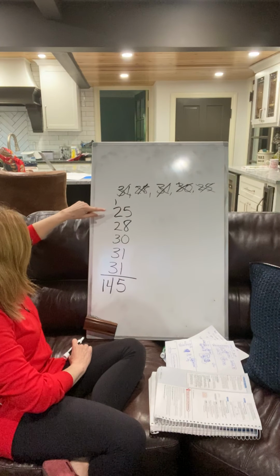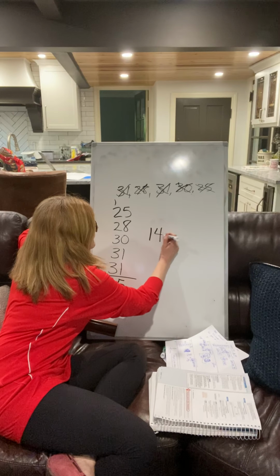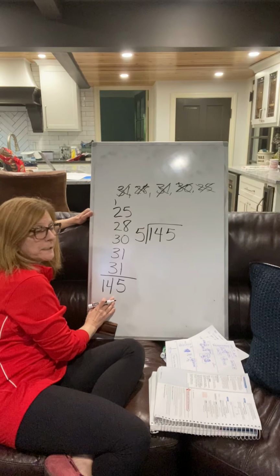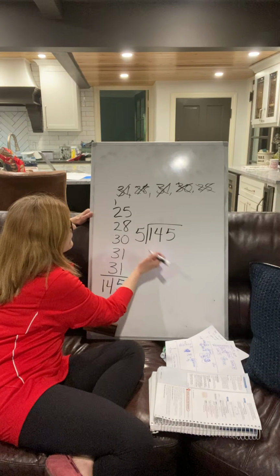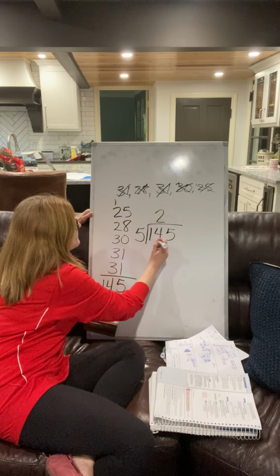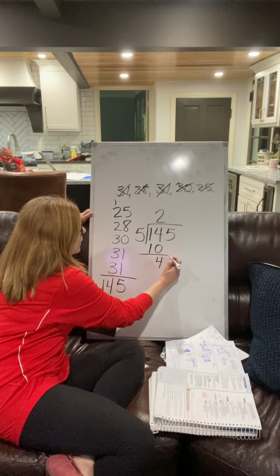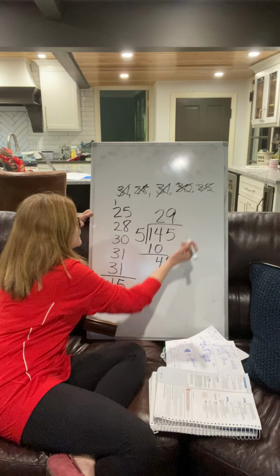How many numbers do I have? 1, 2, 3, 4, 5. So I'm going to divide 145, that's my total points, by the 5 numbers. 14 divided by 5 will go in 2 times. Leaves me 4. I'll bring down my 5. 45 divided by 5 is 9.